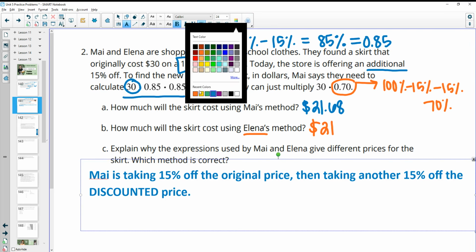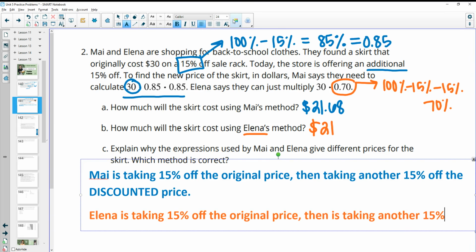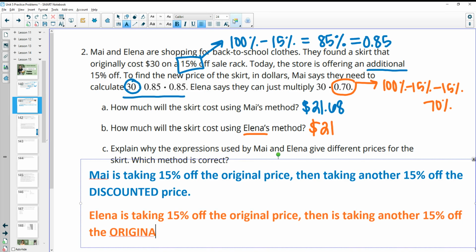Where Elena is taking 15% off the original price, then is taking another 15% off the original price. Since she just added the 15 and 15, she's going back to 15% of 30 and then another 15% of 30.